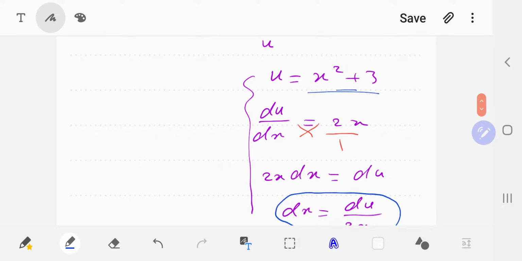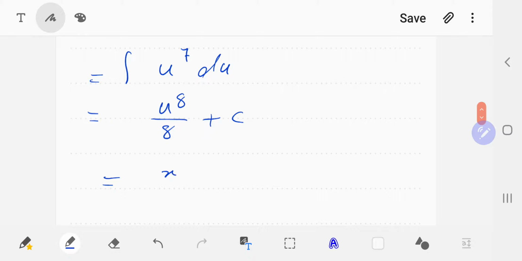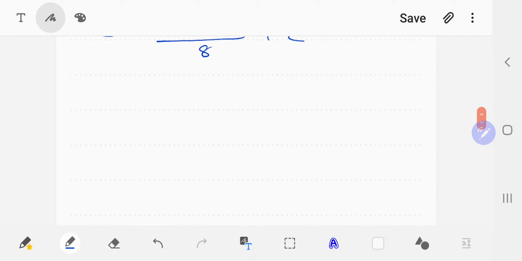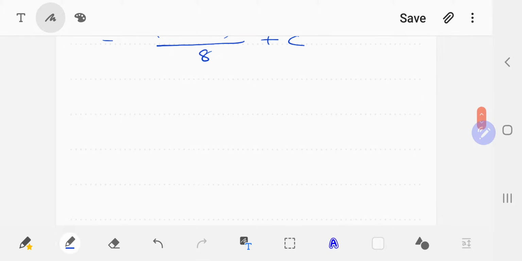It was x squared plus 3. So x squared plus 3 all to the power of 8 over 8 plus c. How is that? I believe that this makes our life easy in case of multiplication.